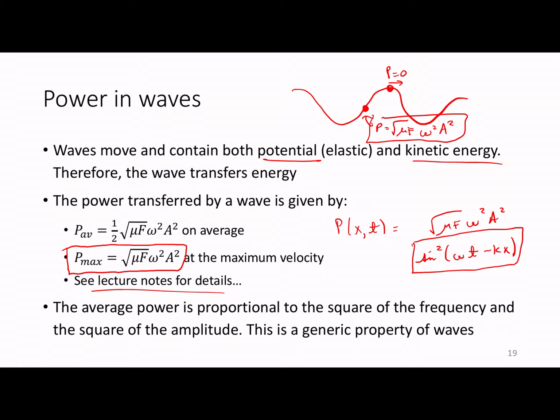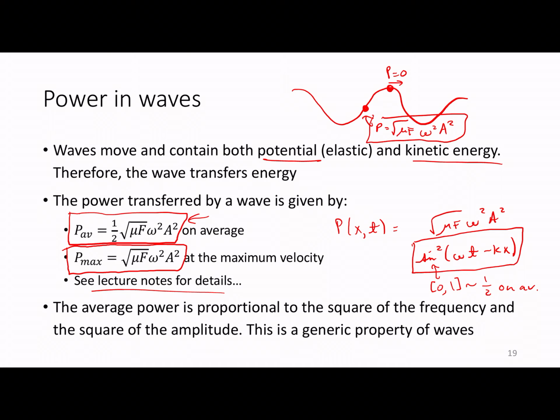The sine squared function oscillates between 0 and 1, so the average of that is 1/2. And that means that the average power is 1/2 square root of mu times F times omega squared times A squared.